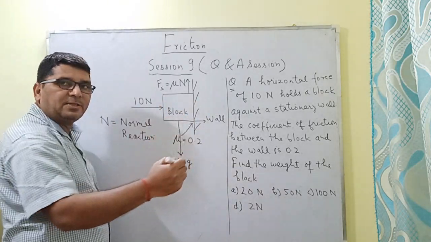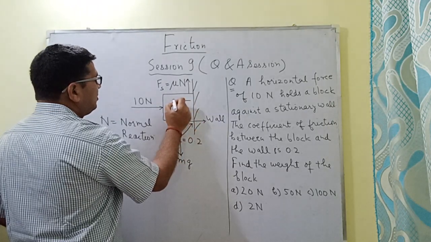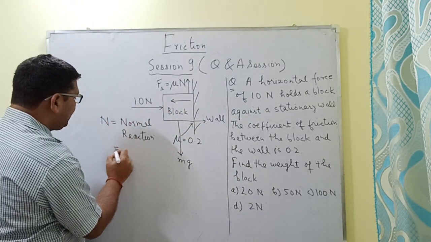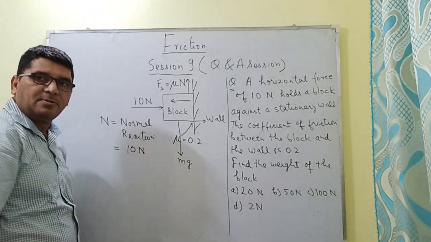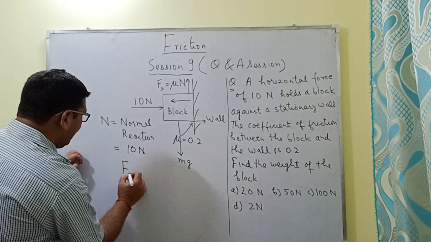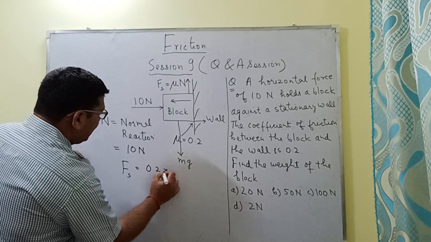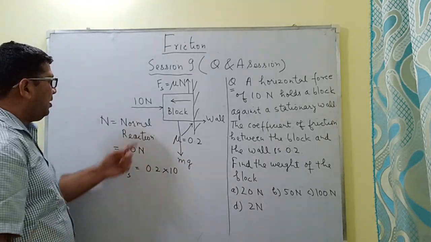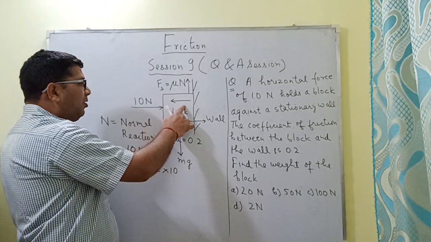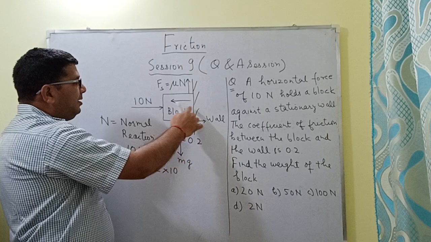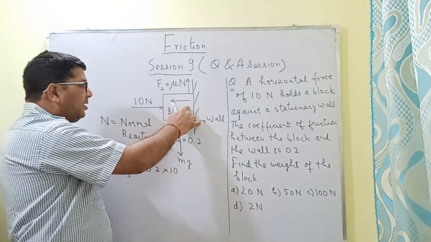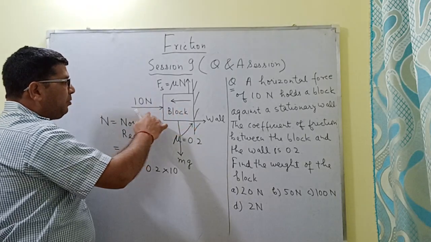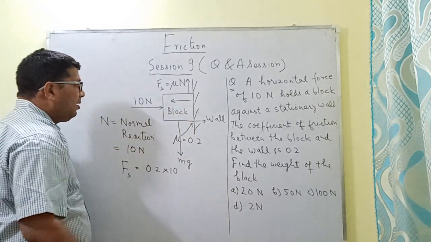So this wall will exert a normal reaction on this block in this direction, and the magnitude of this normal reaction will be equal to 10 Newton, because the block is held stationary against the wall.